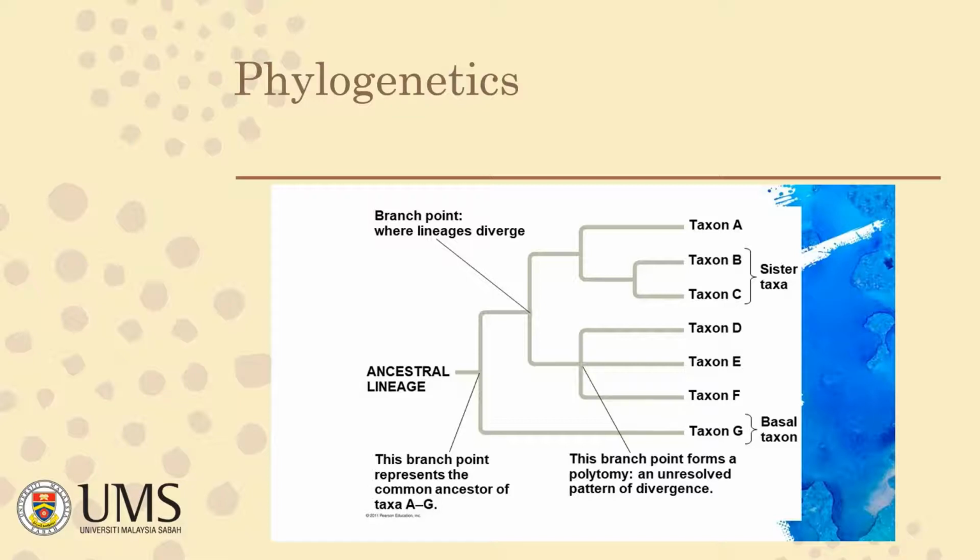B and C are sister taxa. So here is the starting point, what they call the common ancestor. So here is the point of divergence, and G is the basal taxon. It means G is more primitive compared to A because it is a basal taxon.